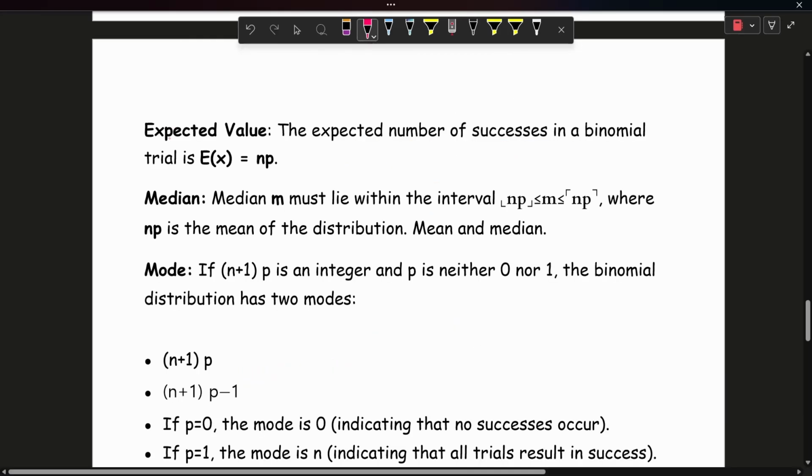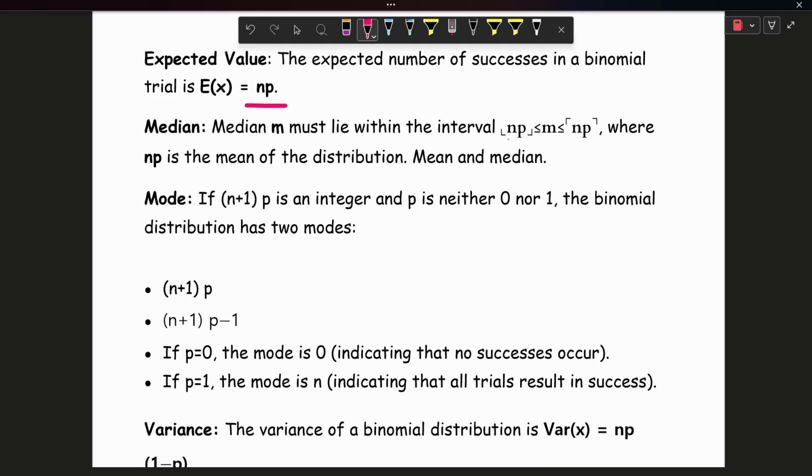What is the expected value for the binomial distribution? It is n into p. N is the number of trials and p is the probability of success. The median and mean will be equal, that is np. In the binomial distribution, we have two modes, that is this and this.